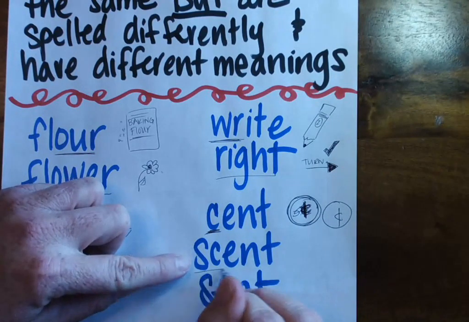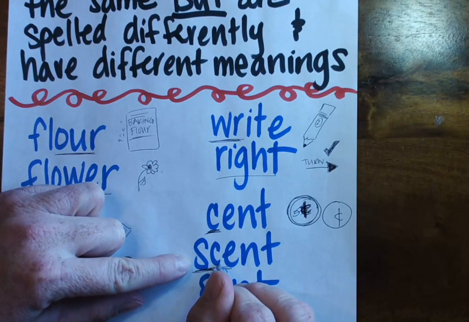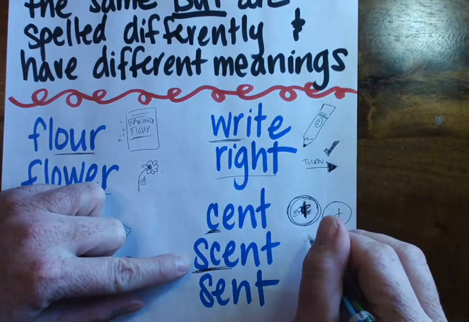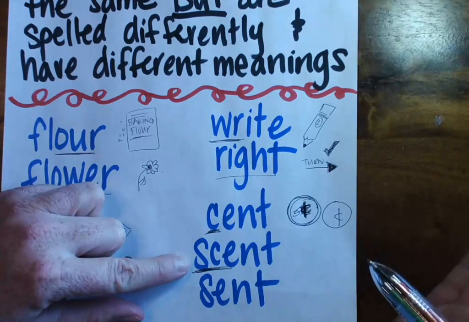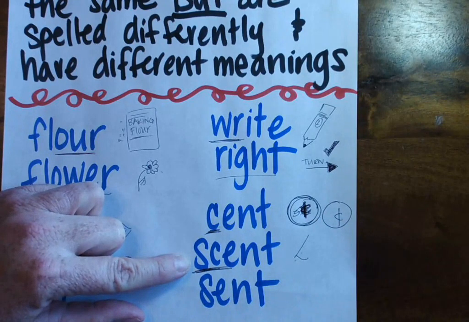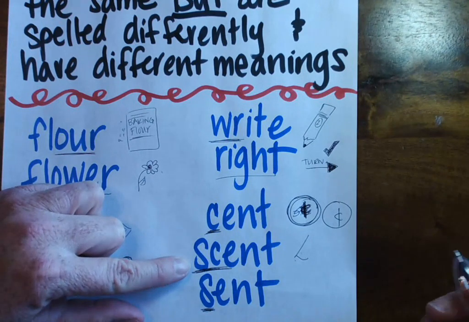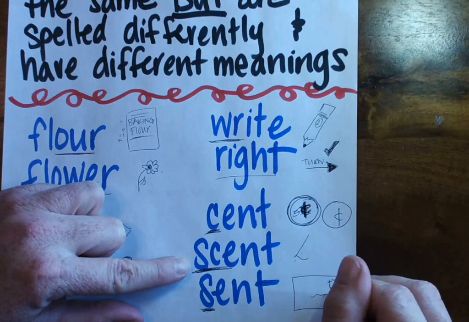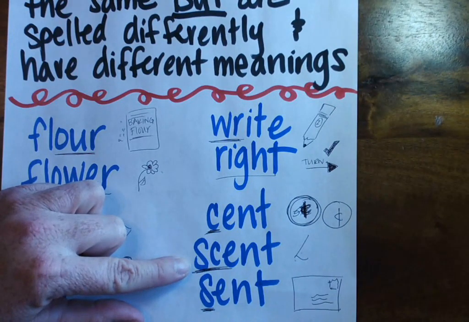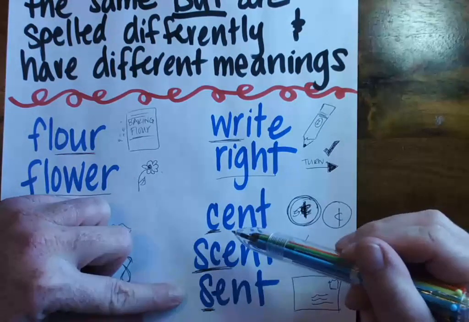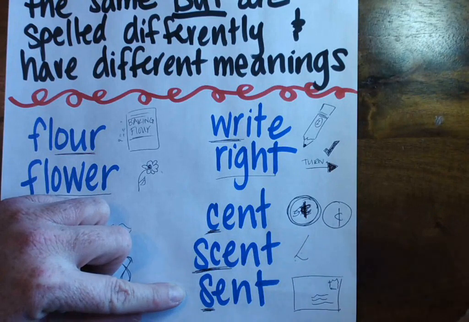All right, and then if it starts with the S and the C, so we have cent as in money, and then this type of scent with the S and the C is talking about our sensory details or our 5 senses, like the scent that you would smell with your nose, okay? And then the last sent with just an S is if you were to put something in the mail, you would have sent that. So we have cent, scent, and sent. They all sound exactly the same, but they have different spelling patterns and different meanings.